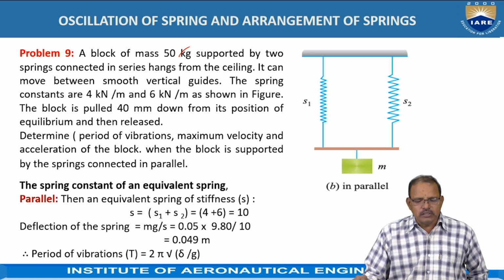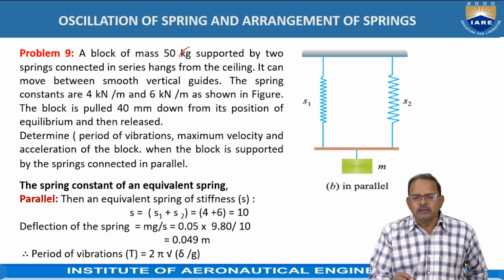It can move between smooth vertical guides. The spring constants are 4 kilonewton per meter and 6 kilonewton per meter, as shown in the figure. The block is pulled 40 mm down from its equilibrium position and then released. Determine the period of vibration, maximum velocity and acceleration of the block when it is supported by the springs connected in parallel.